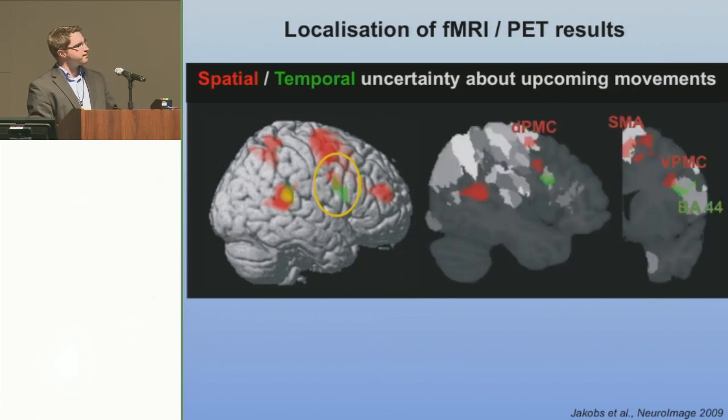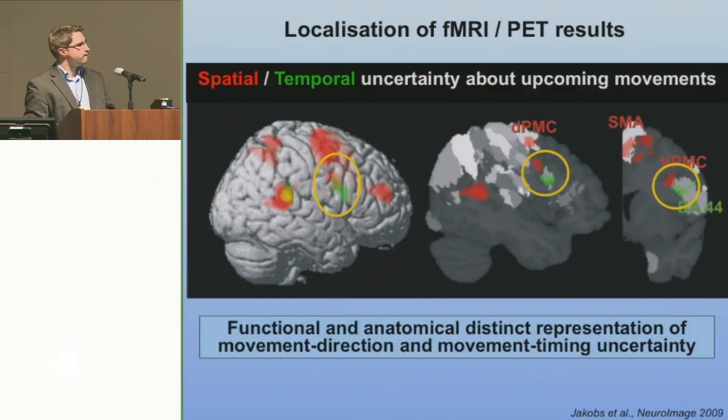Now, if we compare that to the histological atlas, we actually see quite nicely that only the green, the temporal uncertainty coding, is in area 44, whereas the red, the spatial uncertainty, is located just outside of area 44 on the ventral premotor cortex. So functionally and anatomically distinct representations can be inferred from that.